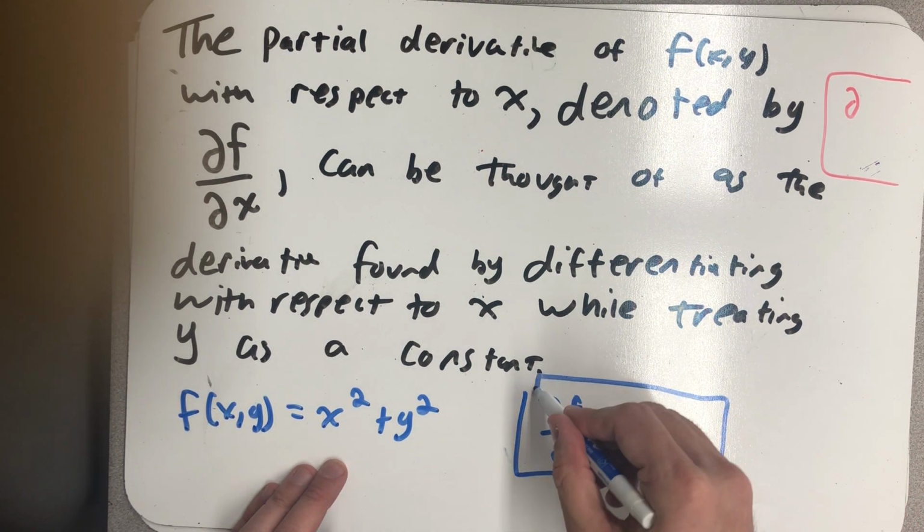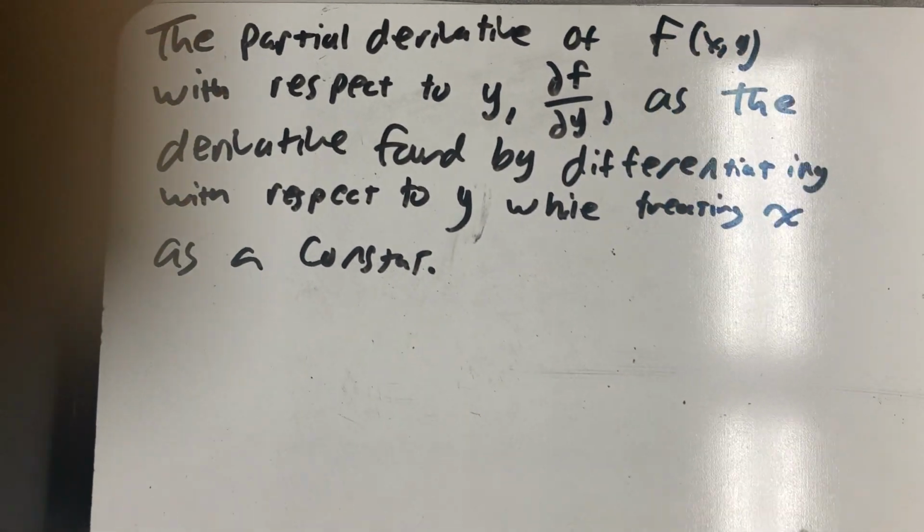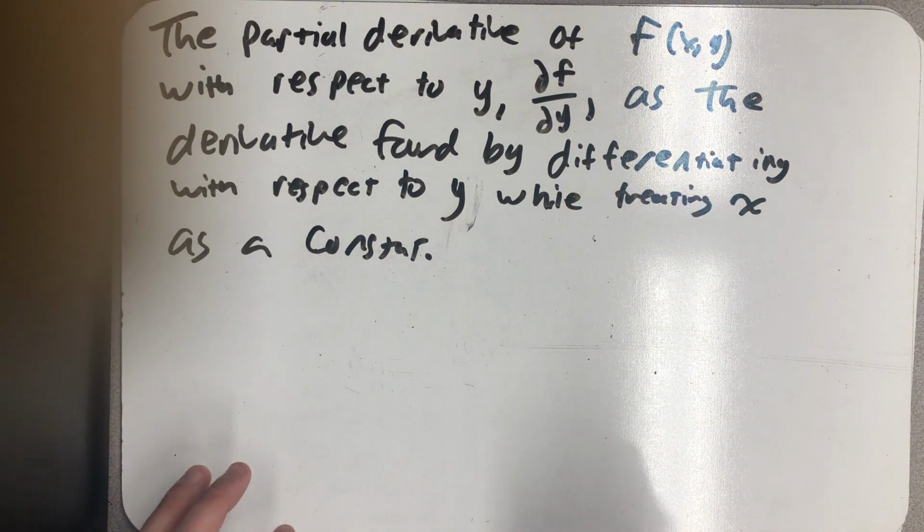Now again, we need to define this rigorously so we understand what's going on, and we need to understand what's going on visually when we think of a partial derivative. But there's my partial with respect to x. Well, if you can have a partial with respect to x, you can have a partial with respect to y.